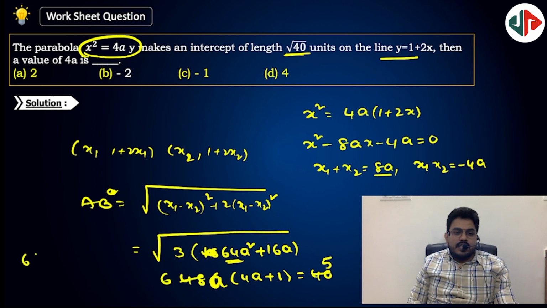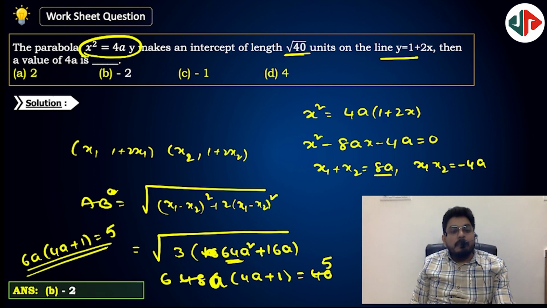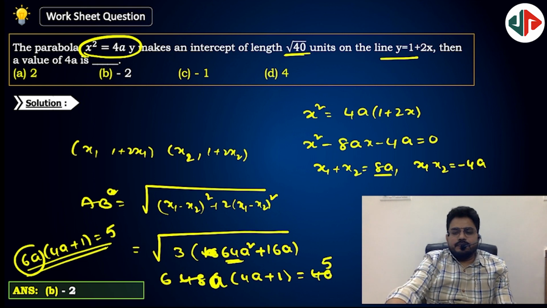So 6a into 4a plus 1 is equal to 5. So what is the value of 4a? You can check it out. Minus 2. If 4a is equal to minus 2, what is this value? And verify.